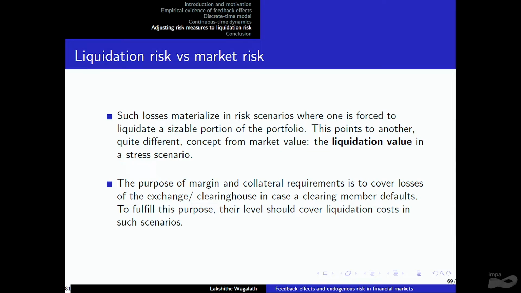All right. So to sum up, the risk measures focus on market risk. And what we wanted to emphasize is that there's not only market risk. Market risk is a big risk, but there's also liquidity and liquidation risk.